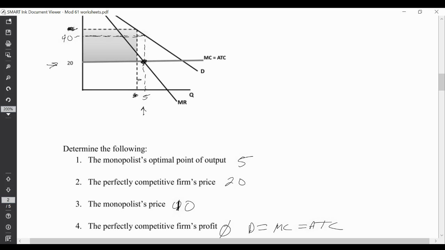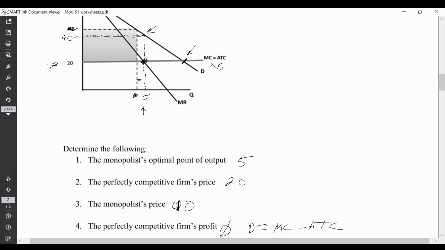Remember, the marginal cost curve is essentially the supply curve for the firm, and supply equals demand would be right there. But in a monopoly, they're going to produce at the quantity where marginal cost equals marginal revenue, which is at 5, and they're going to charge you this price up here.